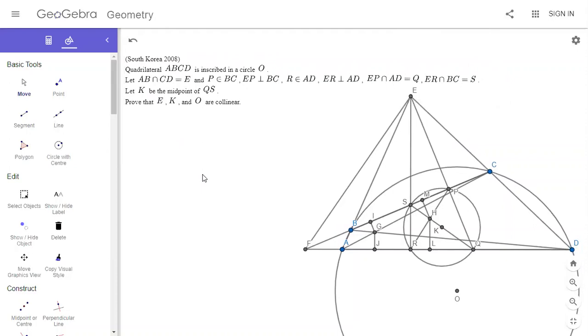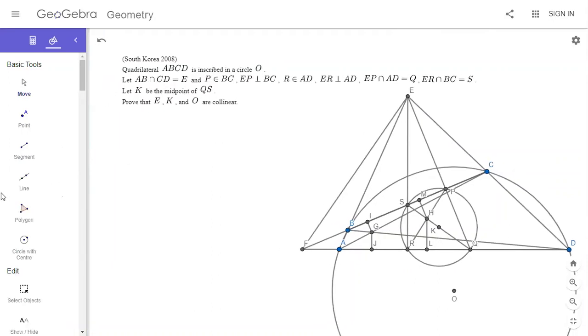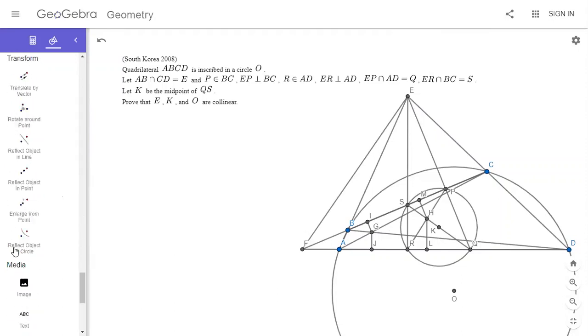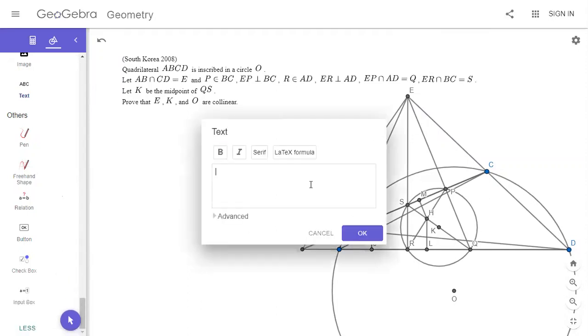So I added in a lot of points here. So I will describe what those points are. Yeah, I'm just going to leave the figures as is. So angle QPS equals angle QRS equals 90.